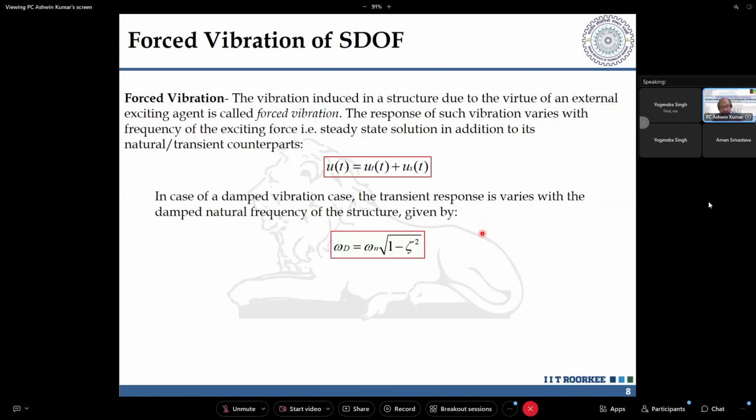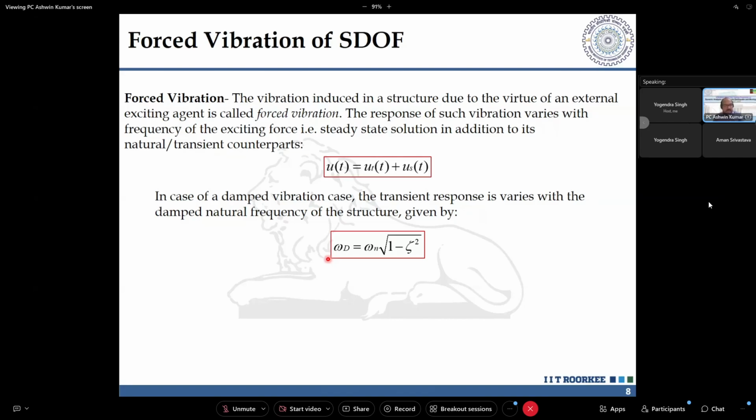If we have damping also present in the system, we know from our IS codes what damping ratio we consider for our steel or RCC structures, which is like 5% that we assume. And we know for a fact that there will be a difference between the natural frequency for a damped structure and an undamped structure.